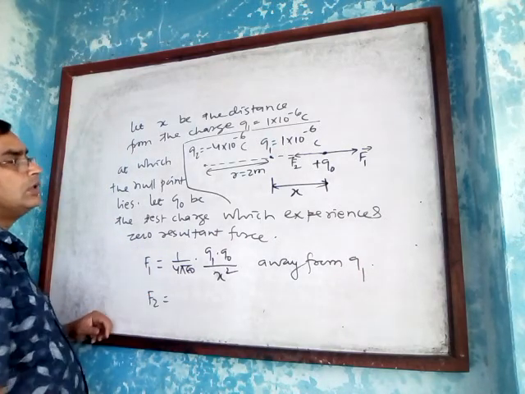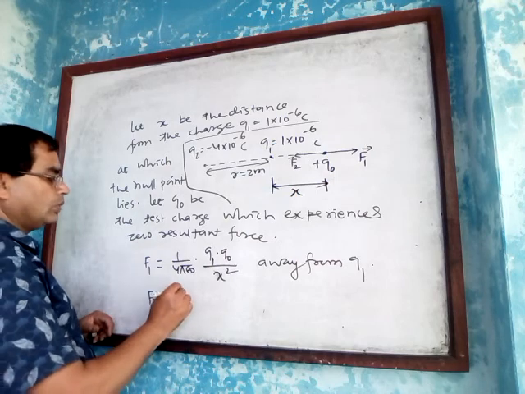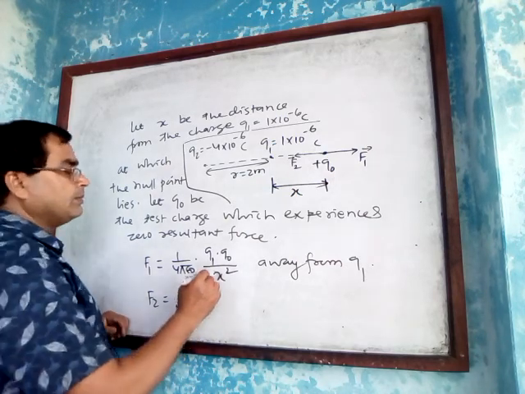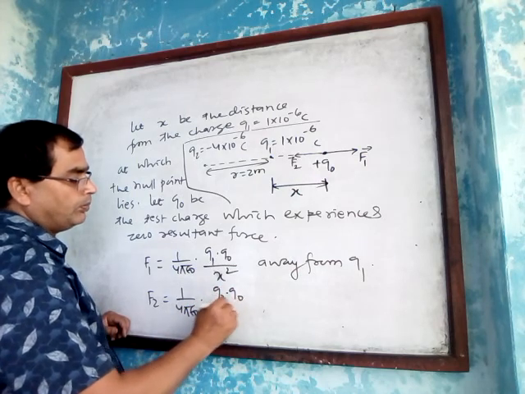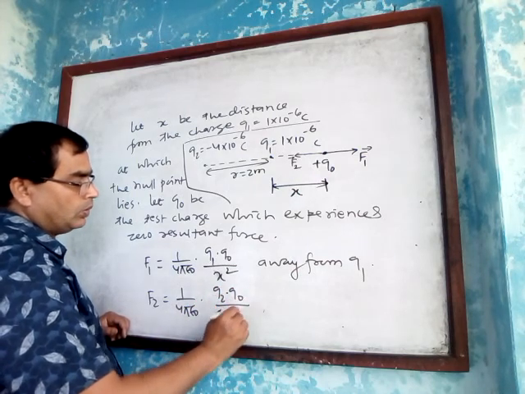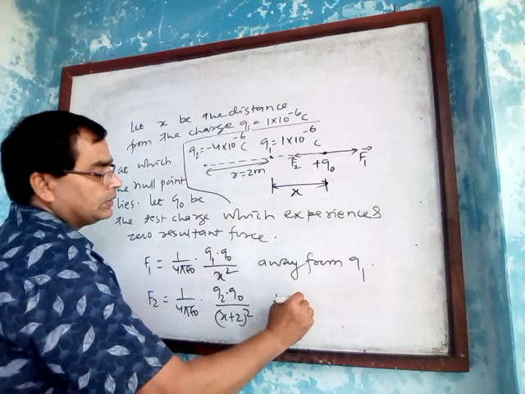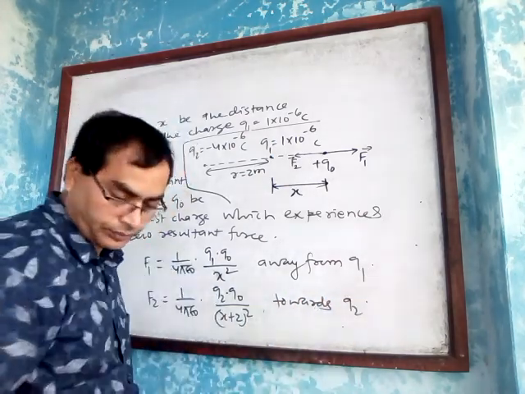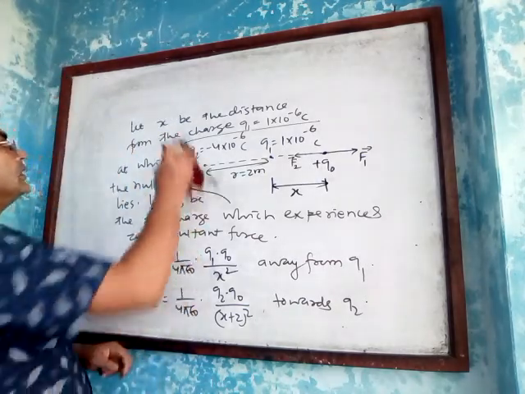F2 equals 1 by 4 pi permittivity naught, Q2 into Q naught upon x plus 2 to the whole square, towards Q2. Okay.